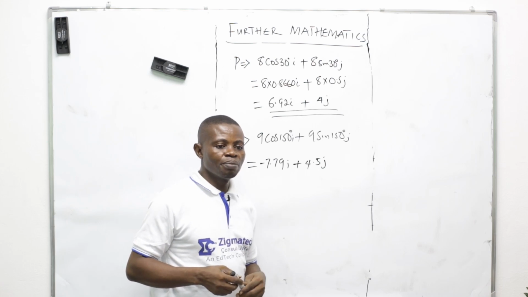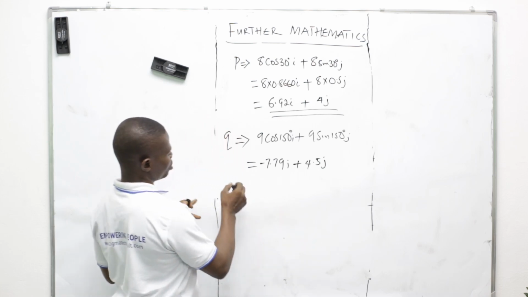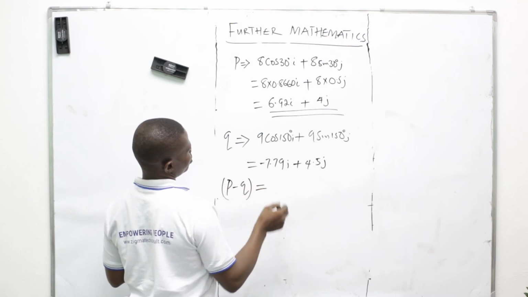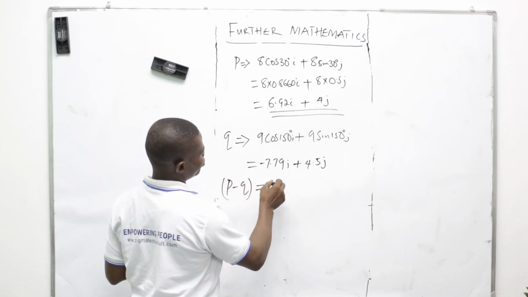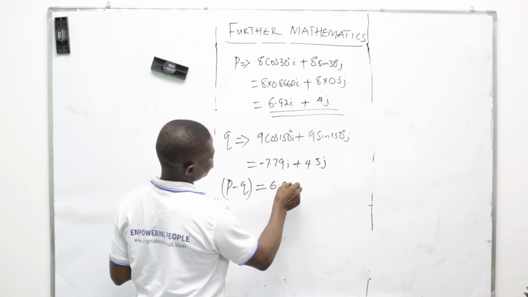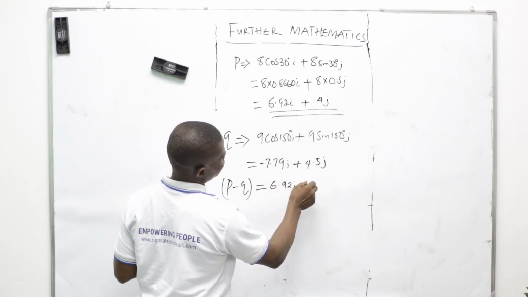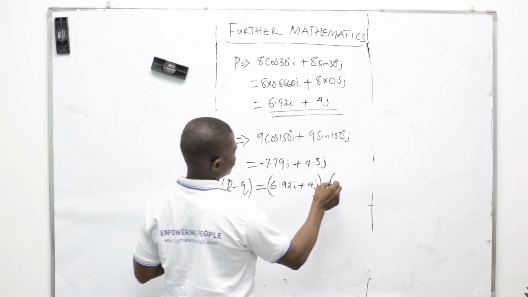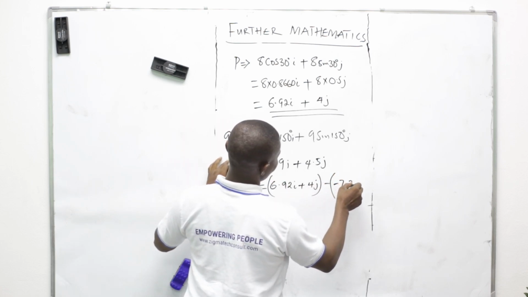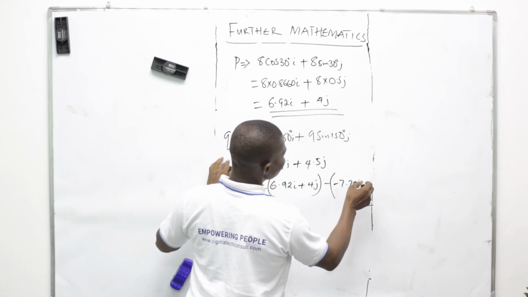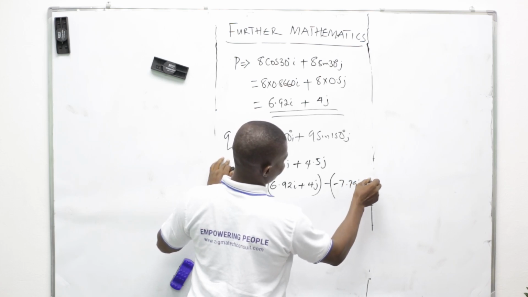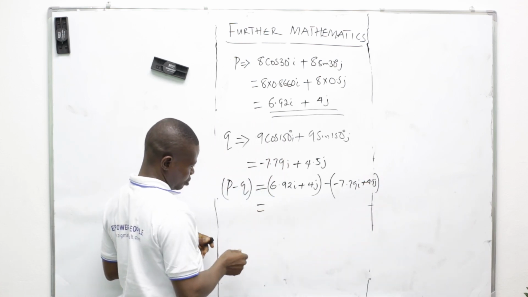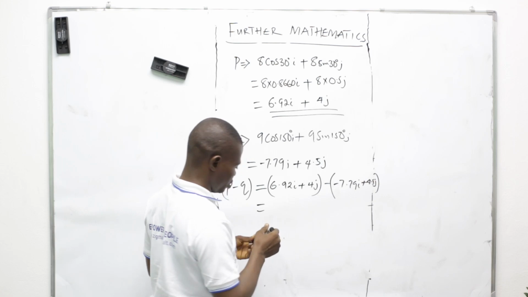We are interested in P minus Q. So P minus Q equals 6.92I plus 4J minus 7.79I plus 4.5J. Minus minus is plus.